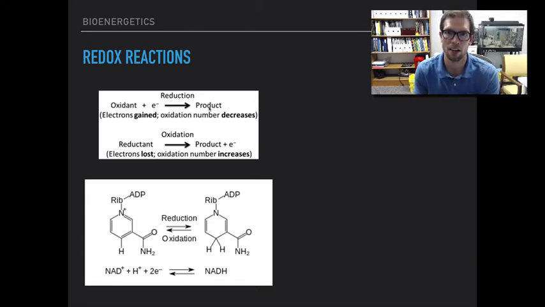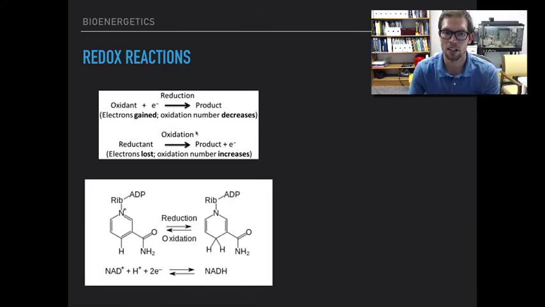This may seem kind of counterintuitive because you are gaining an electron yet being reduced. The way that I've always thought of it is that you are reducing the overall charge on a molecule. Electrons are negatively charged, so if you're gaining an electron, you're gaining a negative charge and reducing the charge on that molecule.